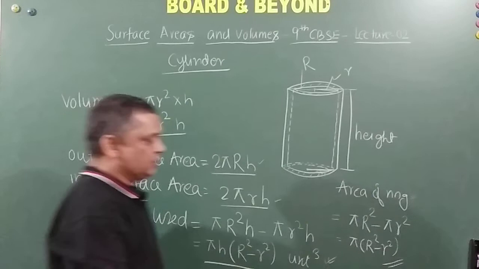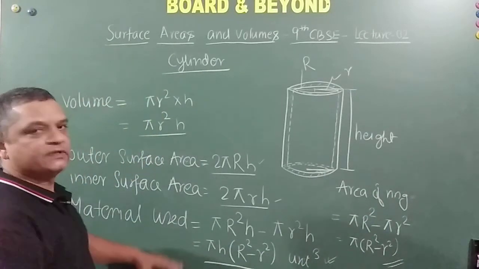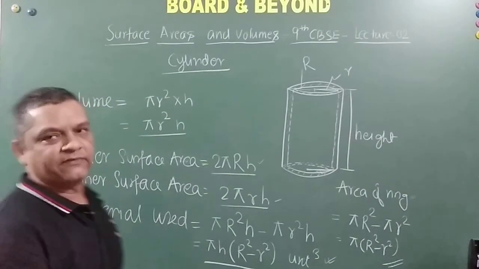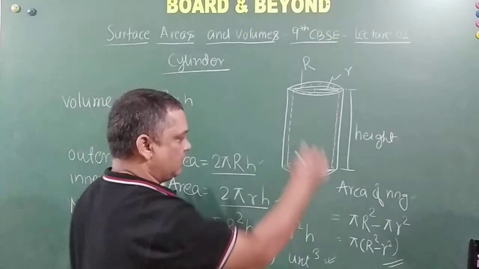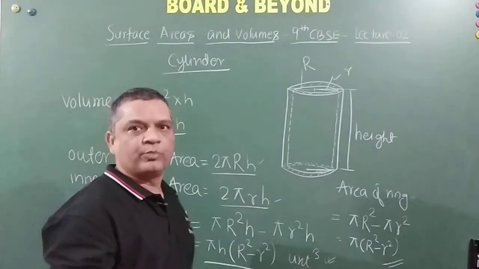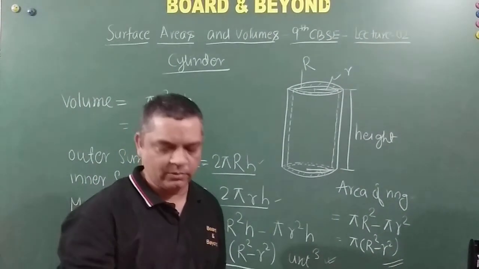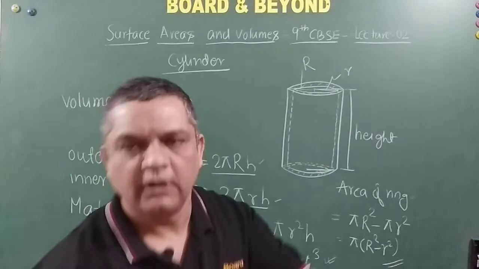You are getting it? So these are the different concepts which we will be using further, right? With all these concepts, I hope we will be able to solve any kind of problems on this.